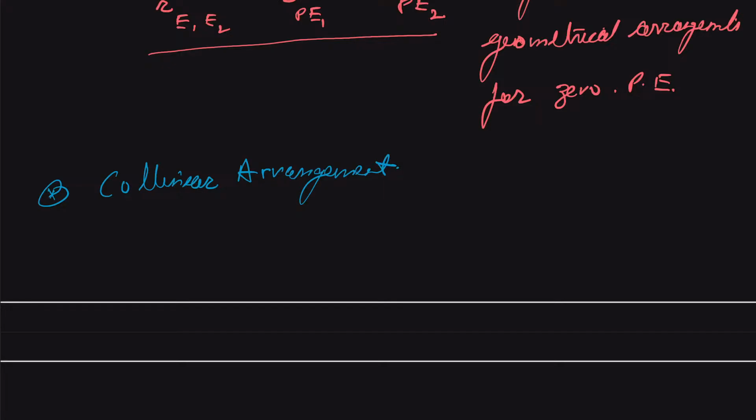So let us write case 1. Case 1 is when we have the proton in between the electrons. This is the first electron, this is the second electron, and in between we have the proton.